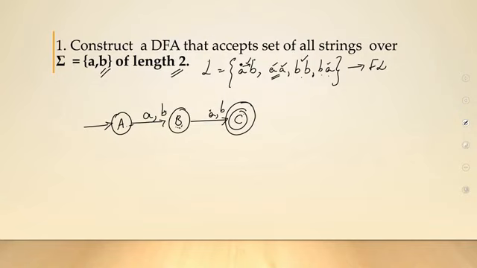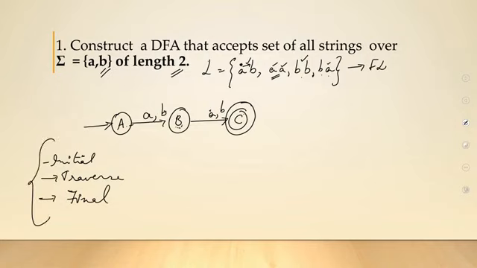If you are able to start from your initial state, traverse through all the inputs, and reach a final state, you say that your string is valid.